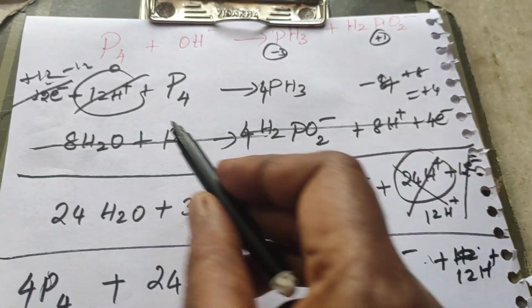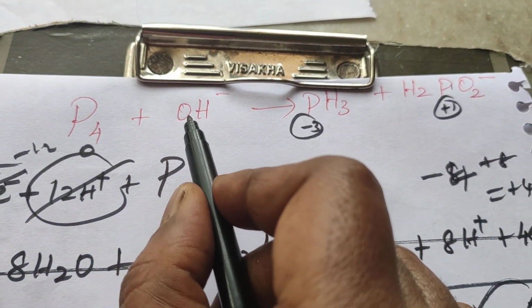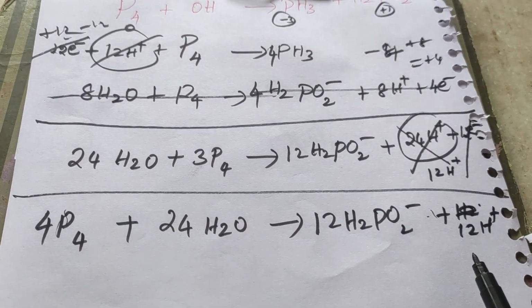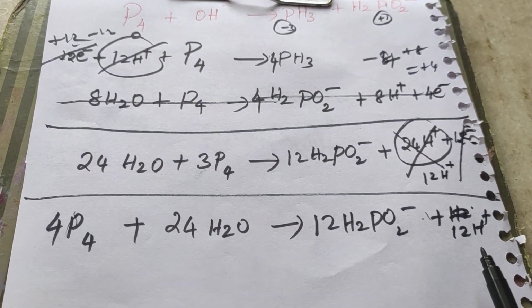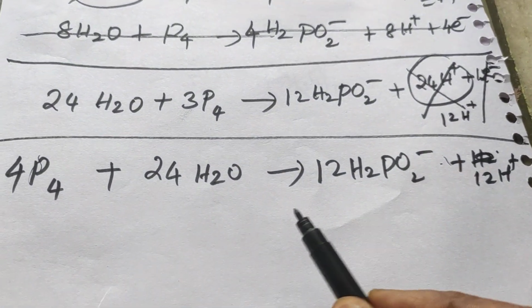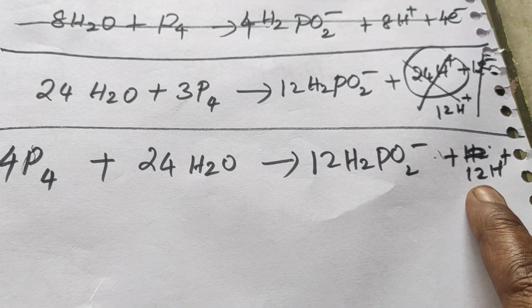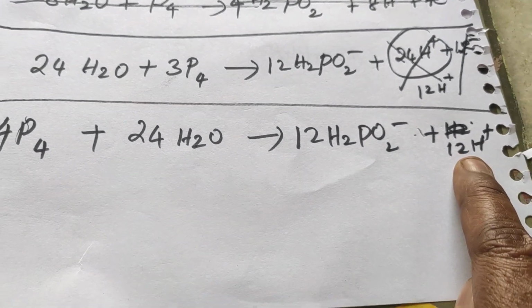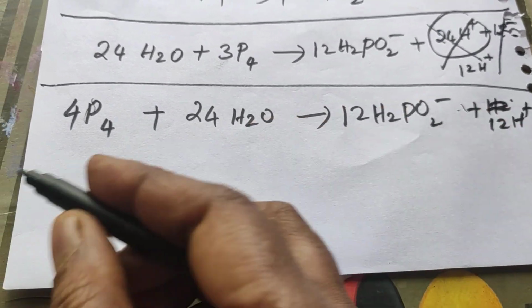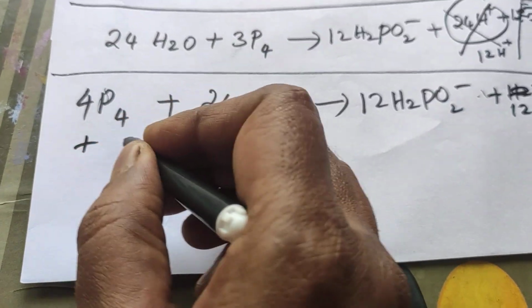Now you see, in the overall reaction we have OH- ion. But after balancing there are no OH- ions, but we have H+. So what can be done now is we have to introduce OH-. How many OH- have to be introduced? You see on the right hand side 12 H+ are there. So on both sides we will introduce 12 OH-, right?